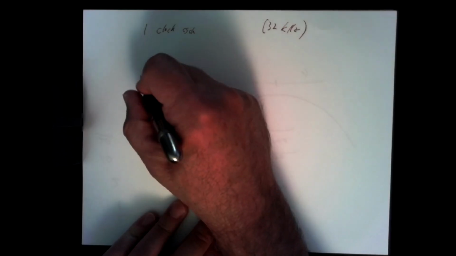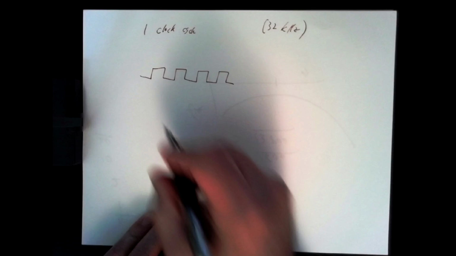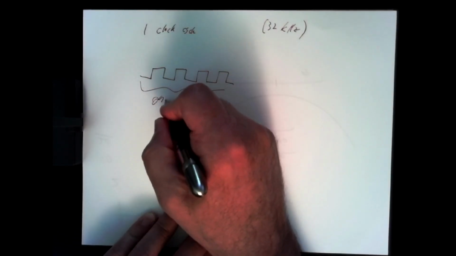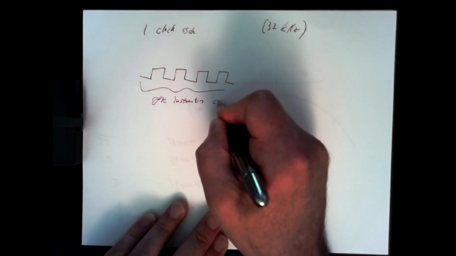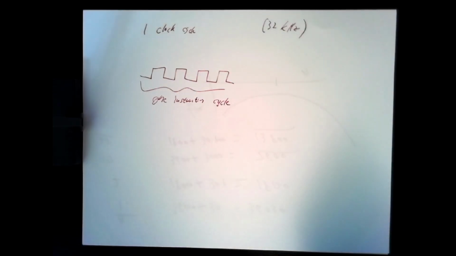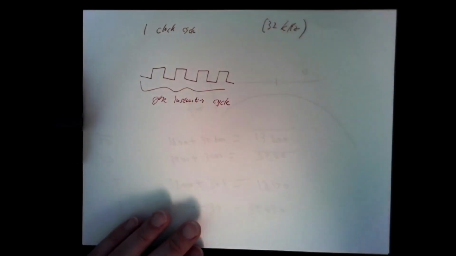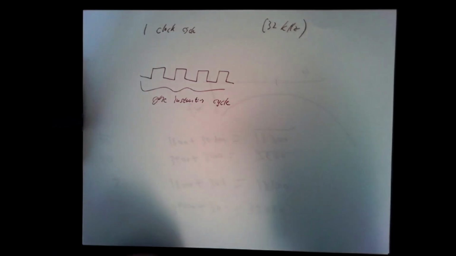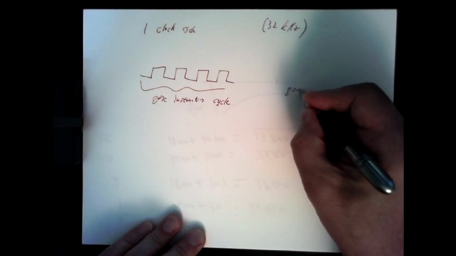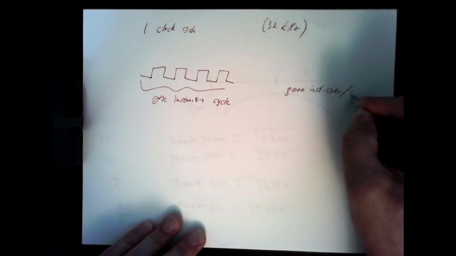It turns out that it takes 4 clock cycles to make what we call an instruction cycle. This clock inside the system has to tick 4 times in order to generate one instruction cycle. And so we get approximately 8,000 instruction cycles per second.